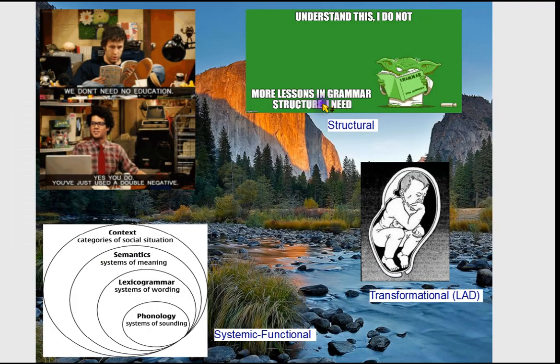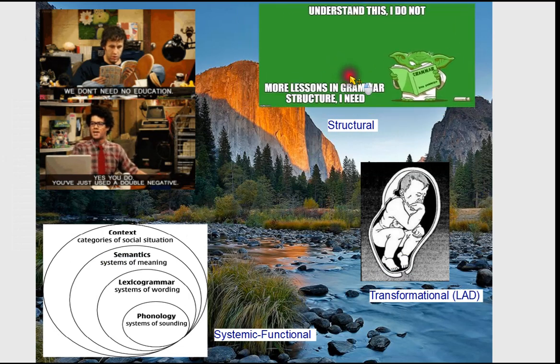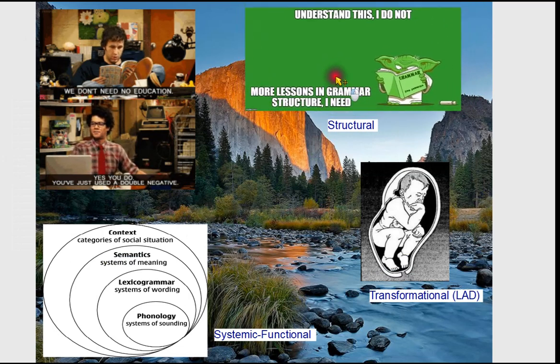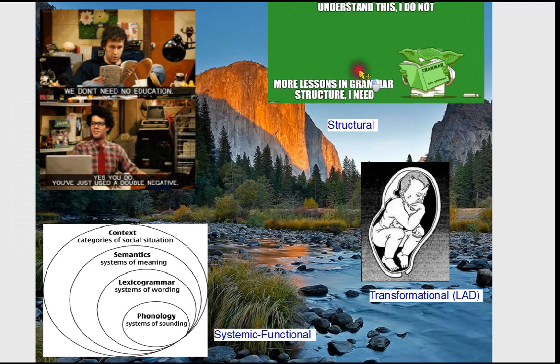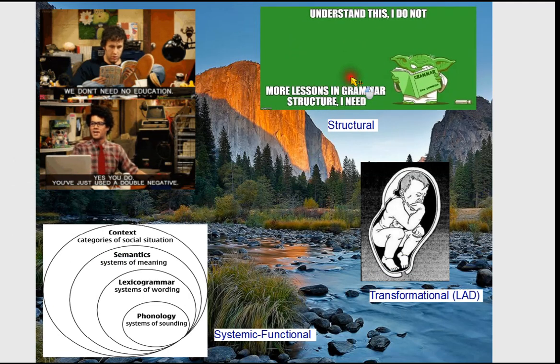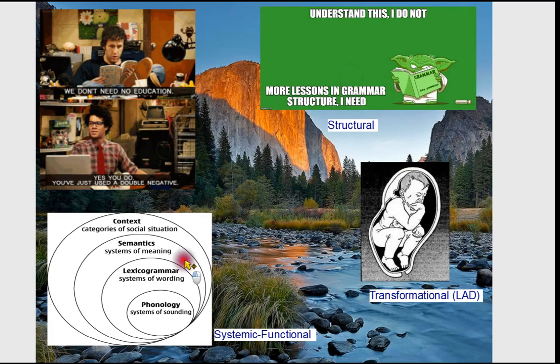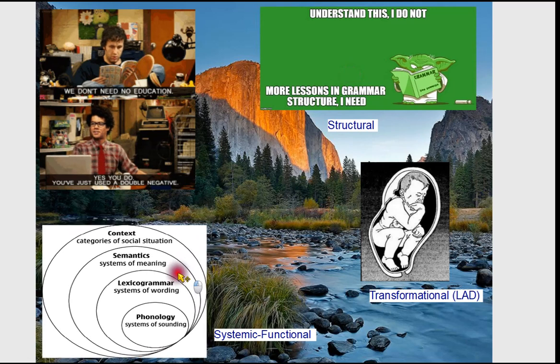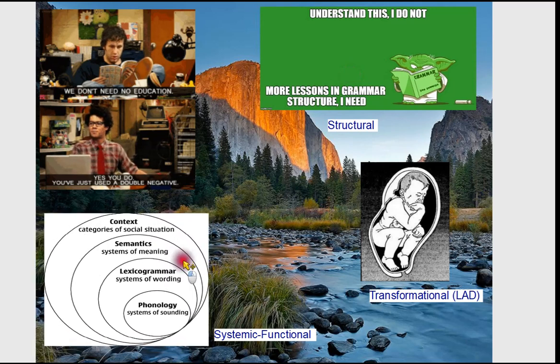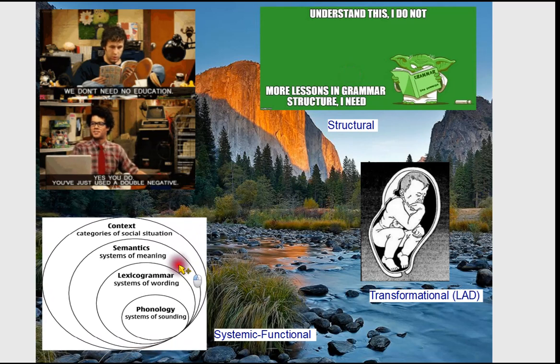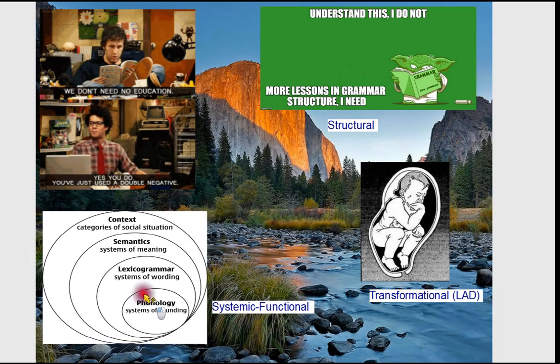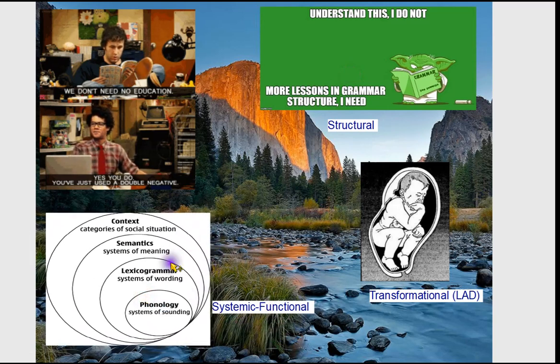So, structural grammar, as I mentioned, focuses on the structure, syntax at its best. Systemic functional grammar includes more relationship between words and their function, hence the name, the function that the words have within a sentence.